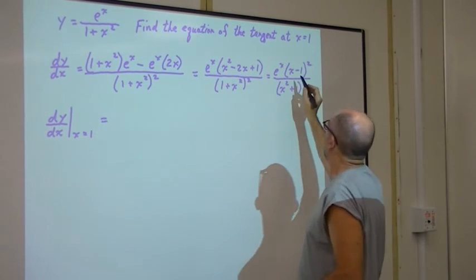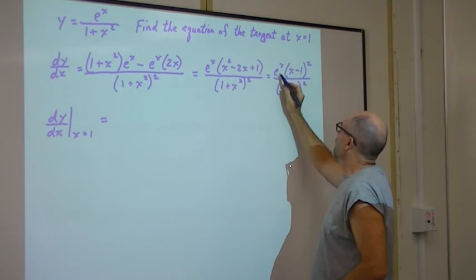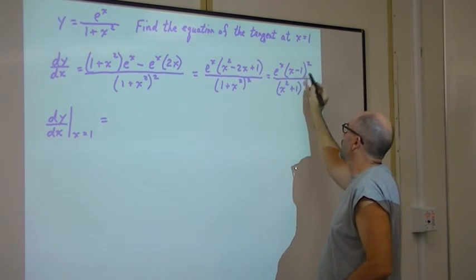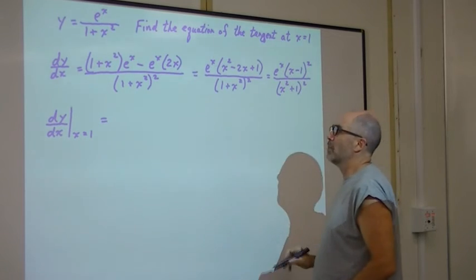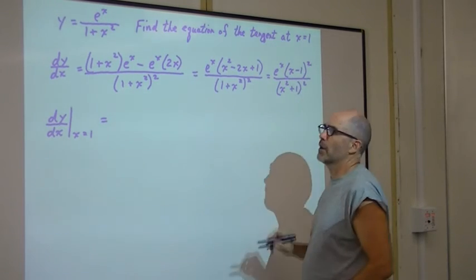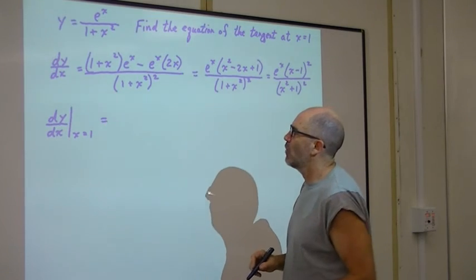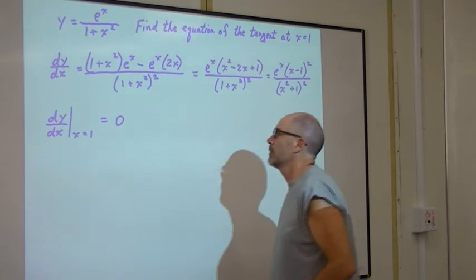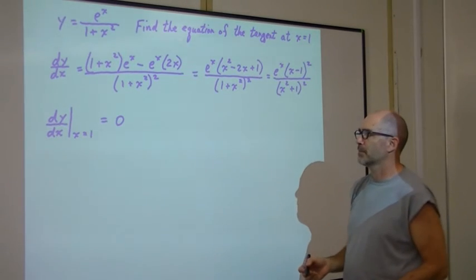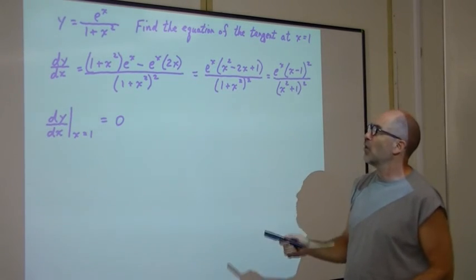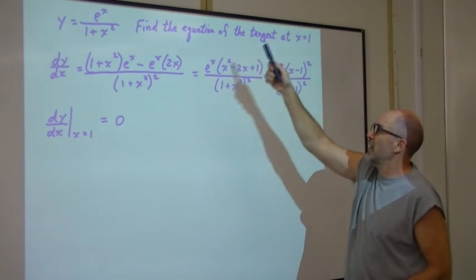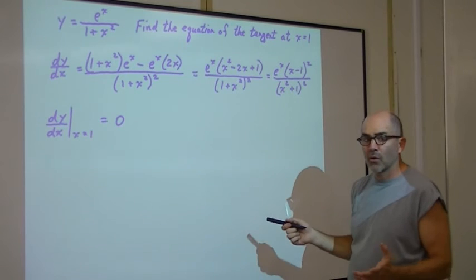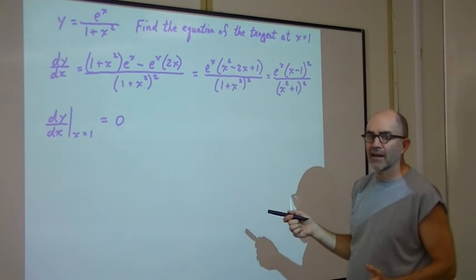So we're going to plug in 1 into here, and we have e to the first times 1 minus 1 squared, which is 0 on top, and 2 on the bottom. Oh, I'm sorry, 4 on the bottom. Who cares? So that means the derivative at x equals 1 turns out to be 0. Now what did that tell us? The slope of the tangent to that curve at x equals 1 is 0, which means it's a horizontal line.